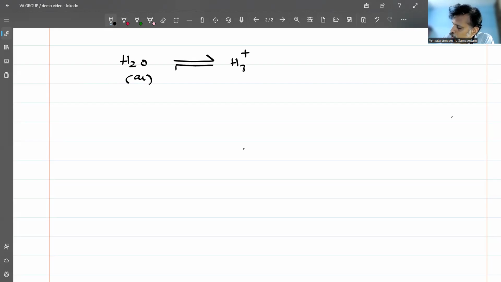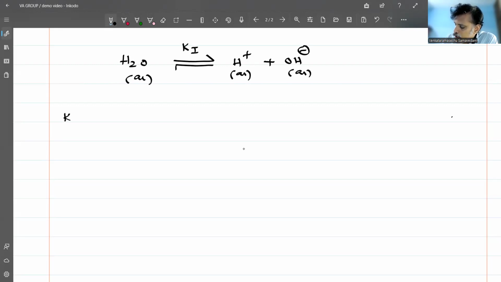Here H3O plus I can write as H plus aqueous, and OH minus ion as aqueous. The H plus ion in aqueous medium acts as H3O plus, hydration takes place, and there develops an ionization constant Ki.